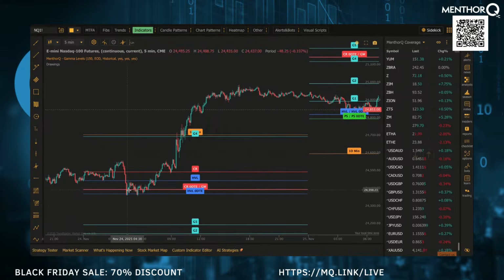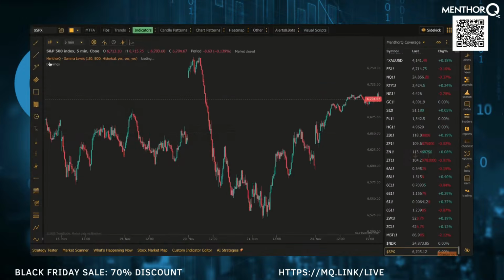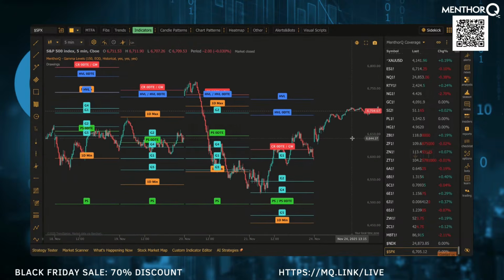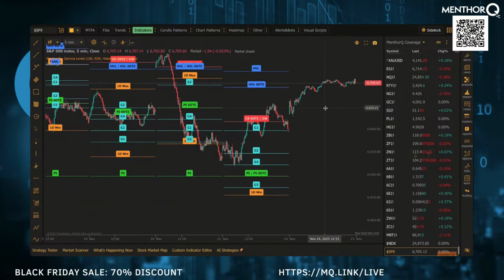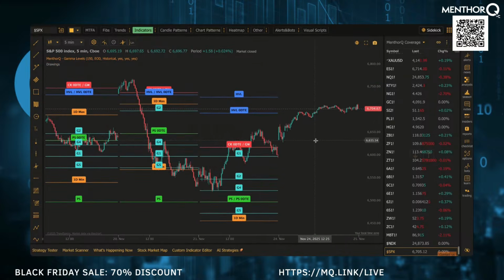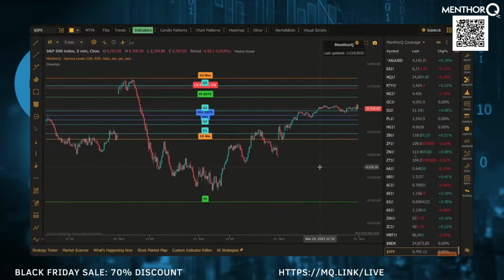Some level was shining out really big, and this was the 6,705, Fabio. And it was getting bigger and bigger. And when you have data like this and the market goes into it, I learned this from you, Fabio, when I was joining MenthorQ. You said to me, hey Patrick, mostly the big levels where there's big pressure, what does this mean for us? They are big magnets. Correct, Fabio?